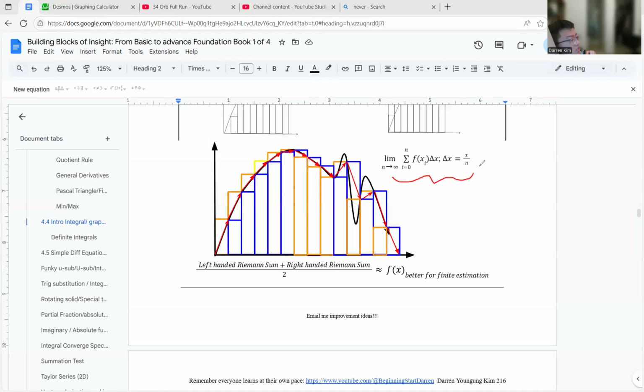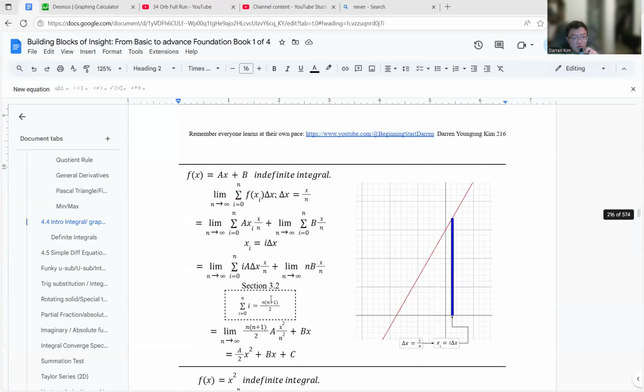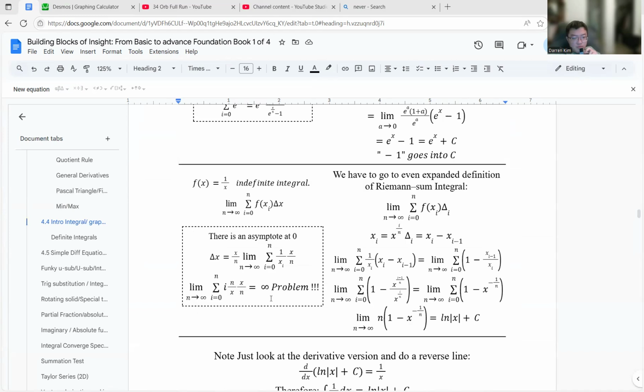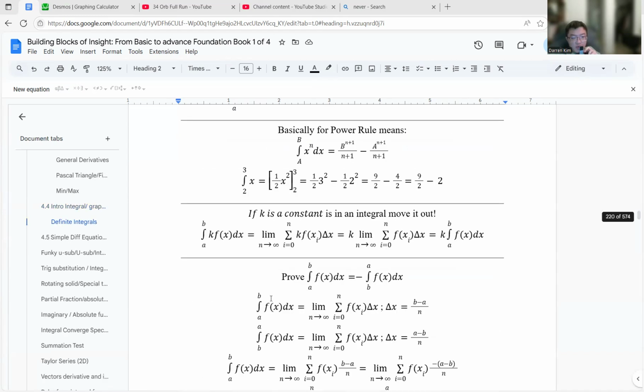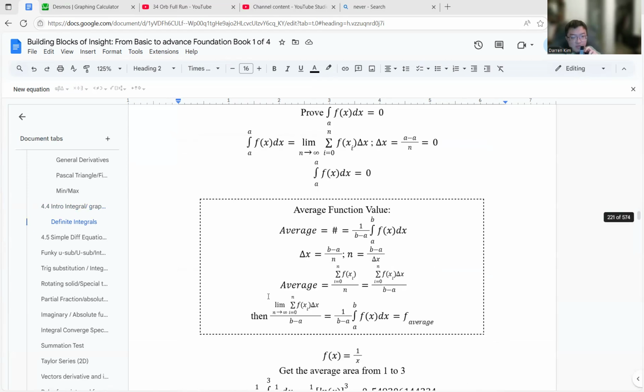This is the Cartesian version of a Riemann sum, is basically what I'm trying to put down, because we're going to go with the more loosey-goosey version. There's actually a very formal version that I don't think we need, but I did put down.